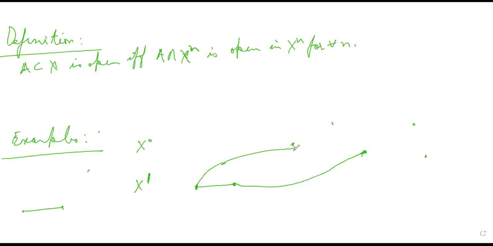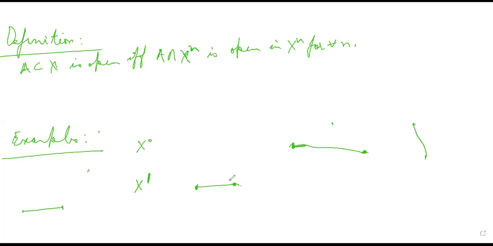Then you will have an arc something like this. Here you are finding the identification space. If you want to add some more arcs, suppose between this and this, then again you have something like this.